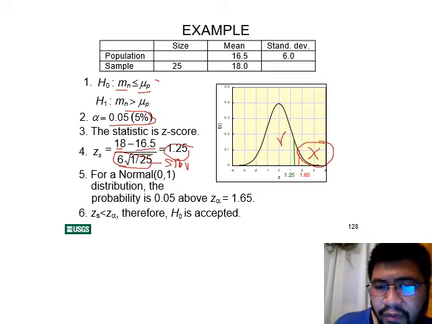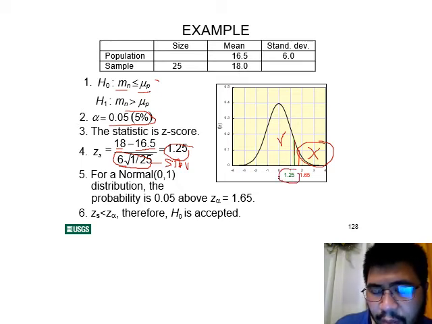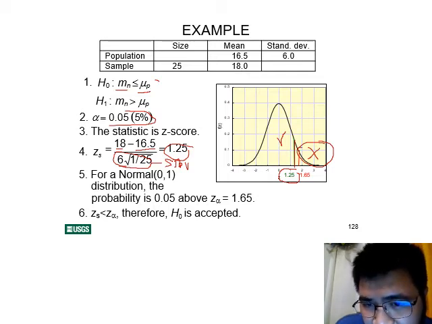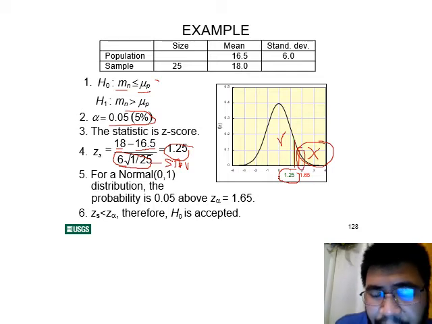So 1.25, we plot it here, and then we look for the part of the graph where the cumulative probability is 0.05. This is that region.